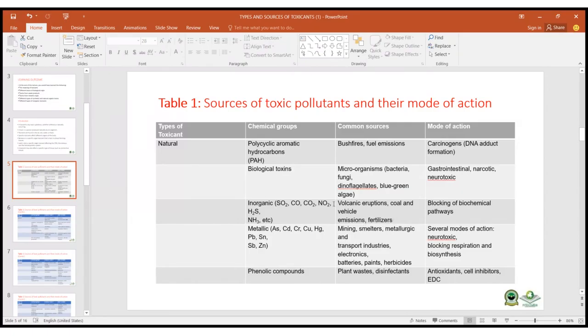So these are toxins from inorganic sources, and their mode of action is that they block.